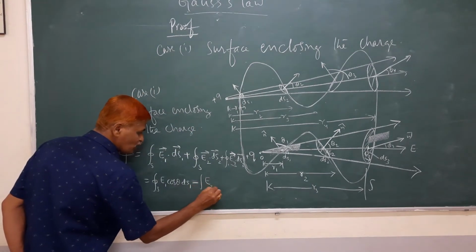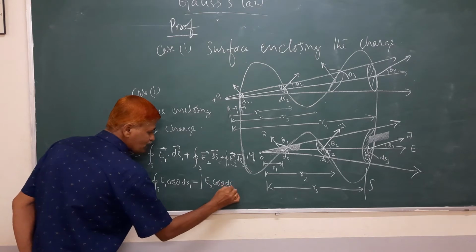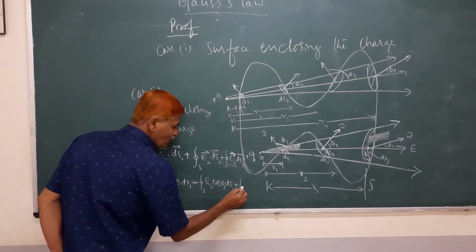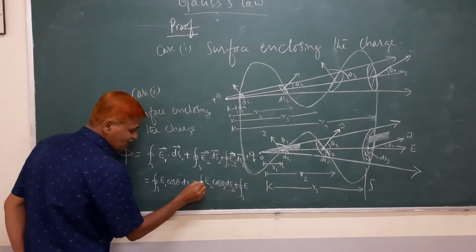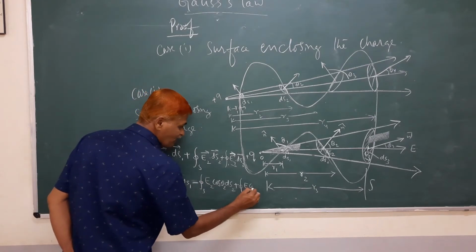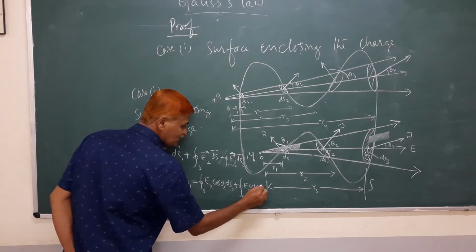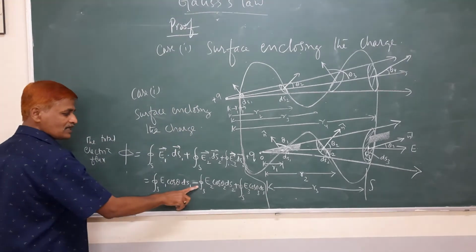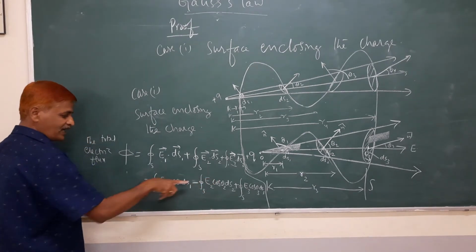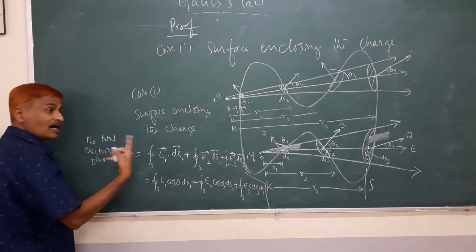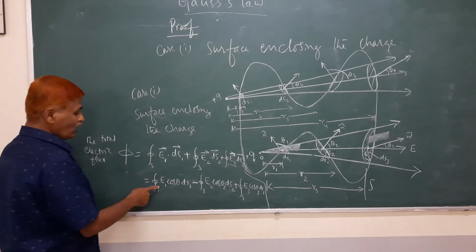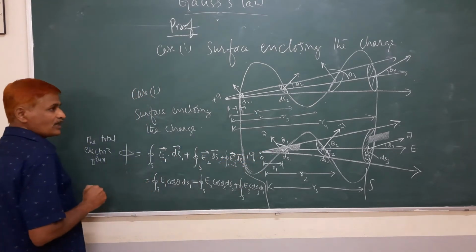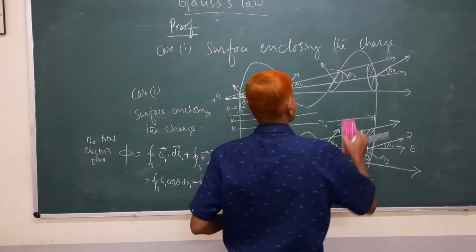So here it is E2 cos theta 2 into ds2 plus, this is again surface integral, this is closed surface, the symbol we write is for closed. E3 cos theta 3 into ds3. Okay. This is minus because flux lines, electric lines are entering. These two are positive because they are going out. Okay, if I write the value of E1 for this, then I think I can write here.